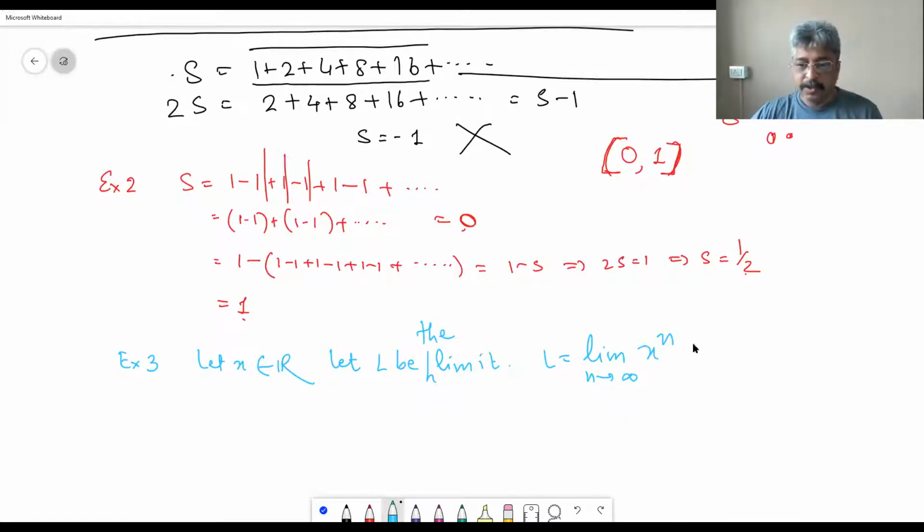Okay? Now I am free to change the variable. Changing variable n, let n is equal to m plus 1. N tends to infinity.